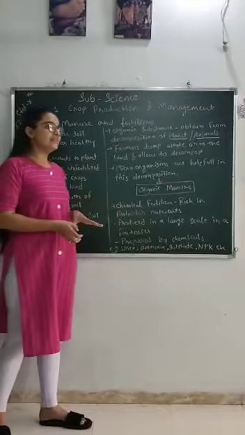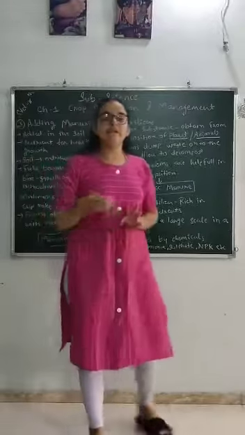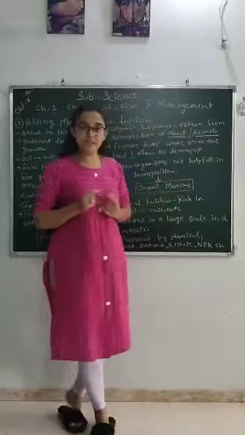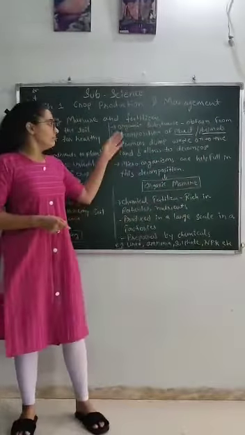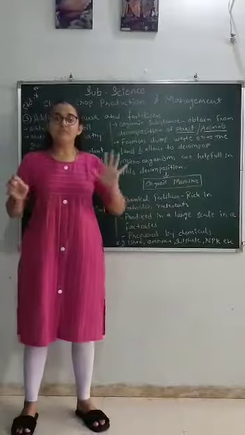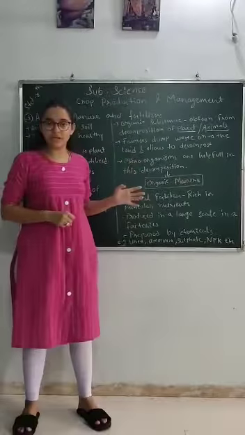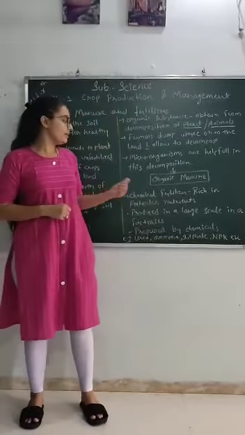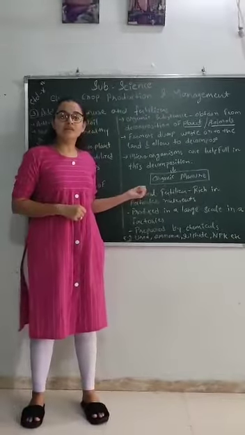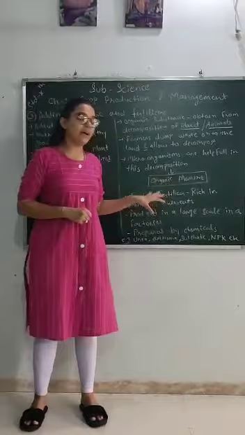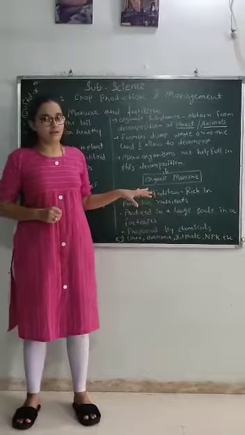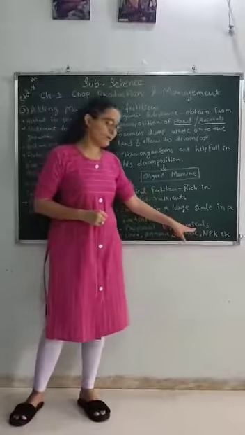See, there are some drawbacks and advantages of both the systems. If we talk about advantages, advantages are very high in both things. But if we talk about disadvantages, chemical fertilizer has a very high drawback. Which one? You know that chemical fertilizer is made up of chemicals.